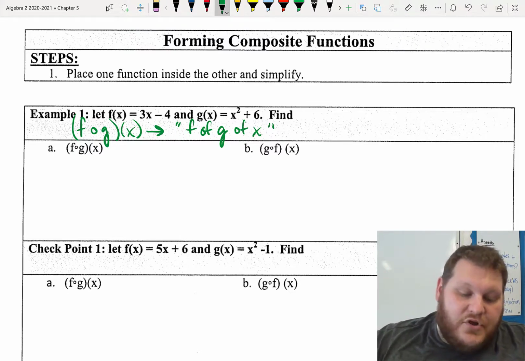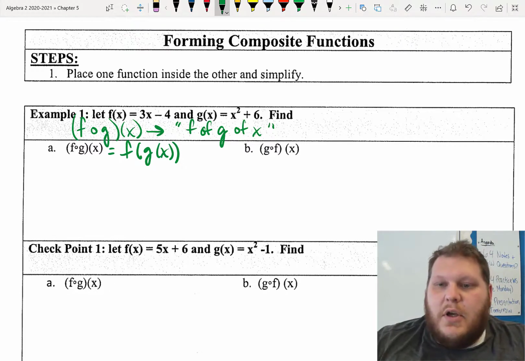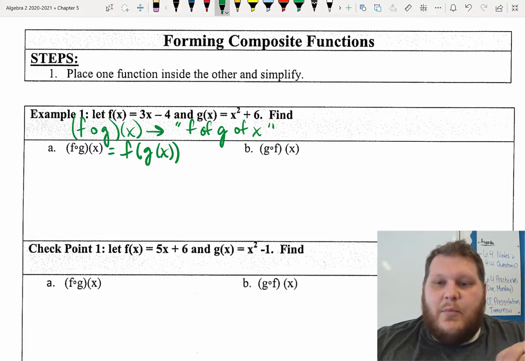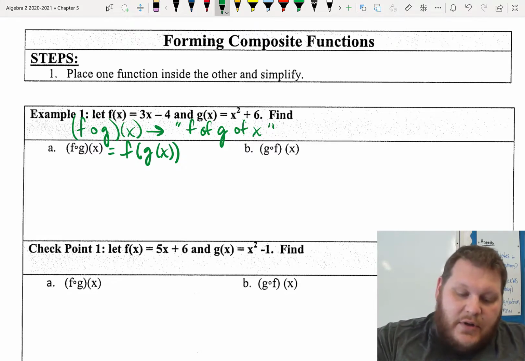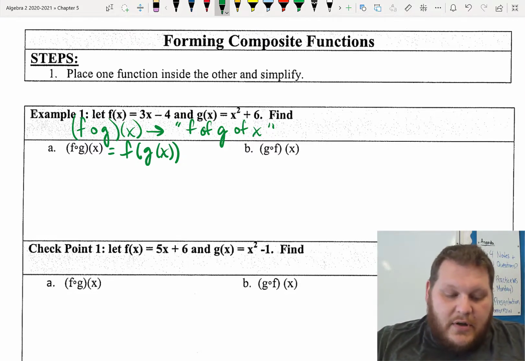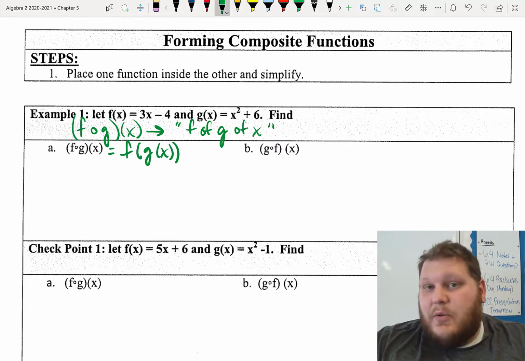So what f of g of x means is that I'm taking what g of x is and putting it into f of x for the input. I'm going to start with doing our substitutions. We're told in example number 1 that f of x is 3x minus 4 and g of x is x squared plus 6.